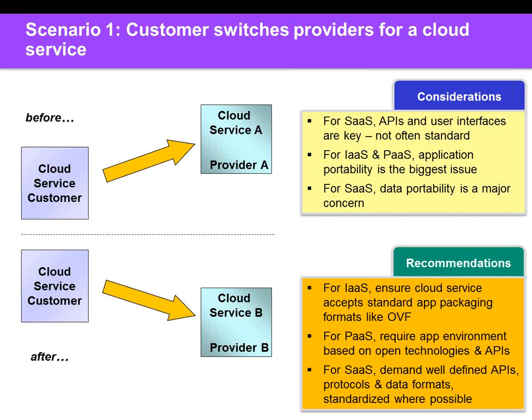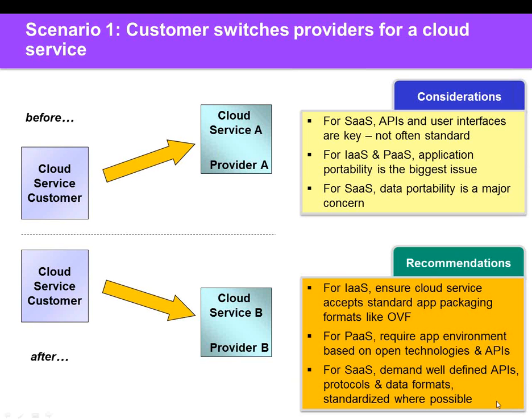So it's a rare thing to find a standard in this area. Just as two PC applications often don't share a huge amount of commonality, it's the same in the software as a service world.